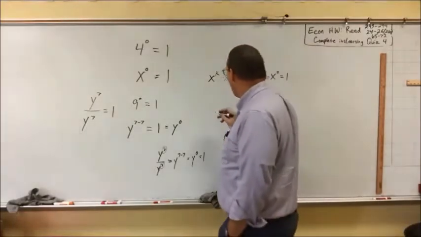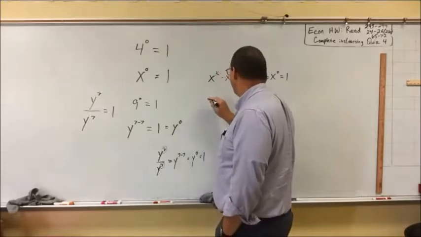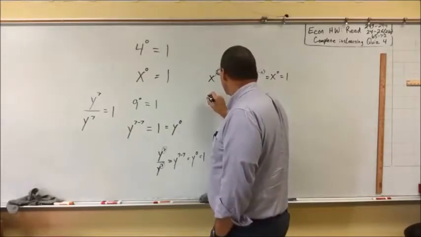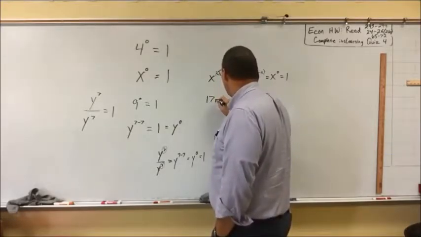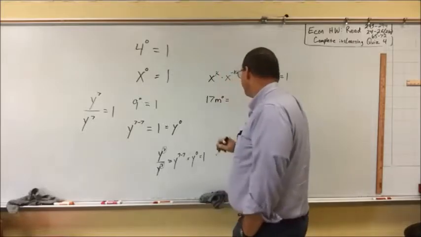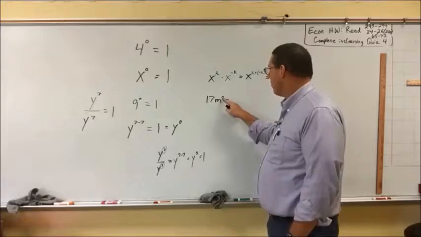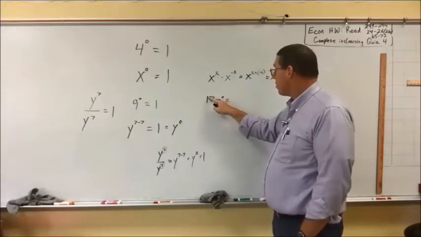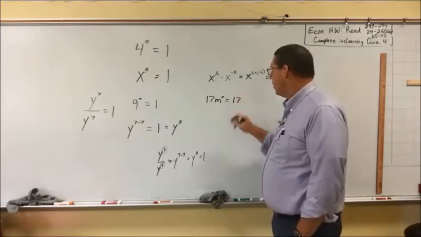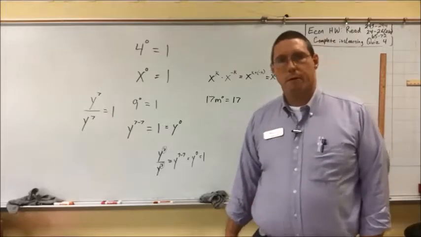What if, however, I had a number in front of it, a coefficient? What if I had 17m to the 0 power? Well, it's not 1, that's for sure. What's m to the 0 power? That's 1. And what's 17 times 1? That's 17. Okay?